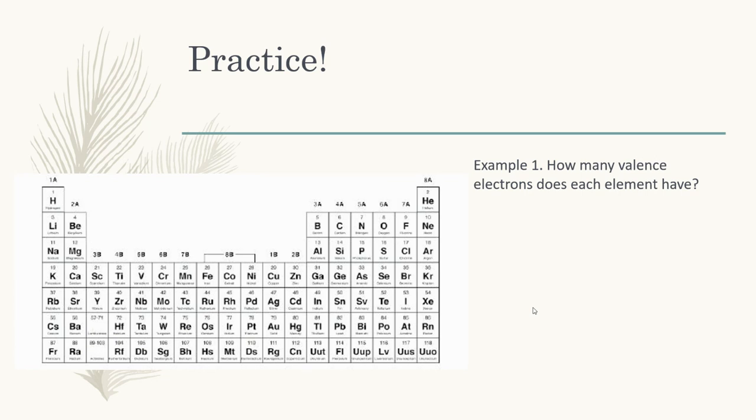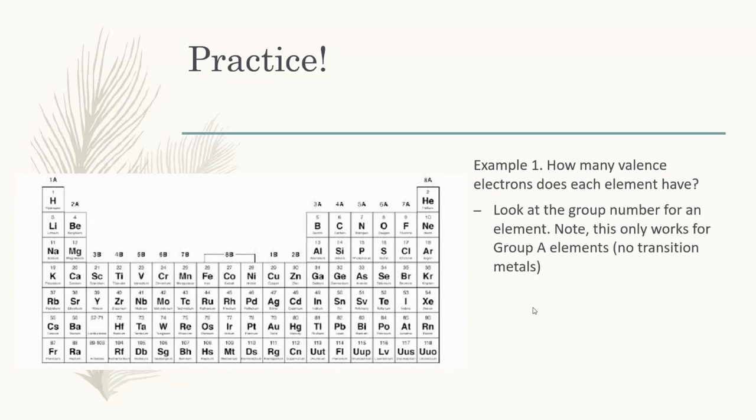So, for example 1, how many valence electrons does each element have? In order to look at this, you need to determine the group number for an element. If you look, the group numbers are 1A, 2A, 3B, 4B, all of that.